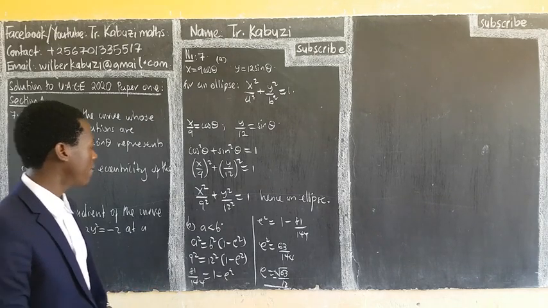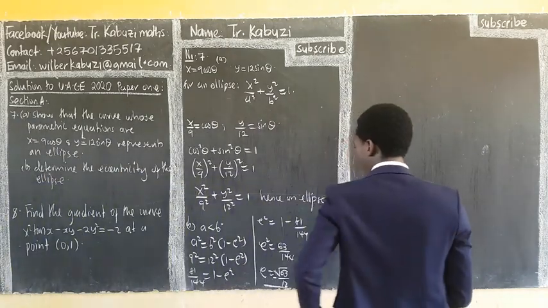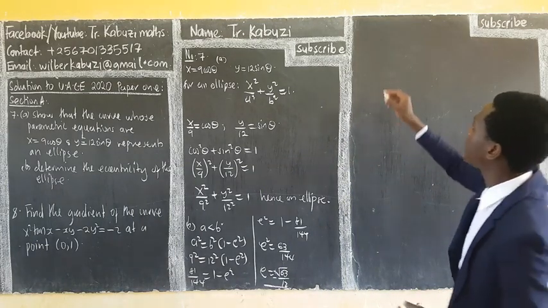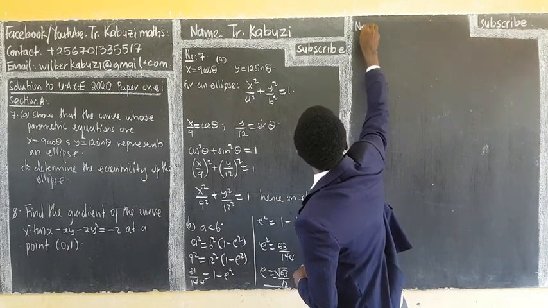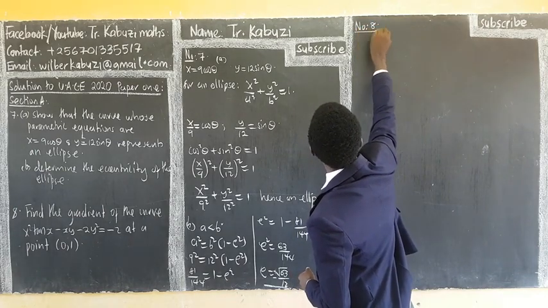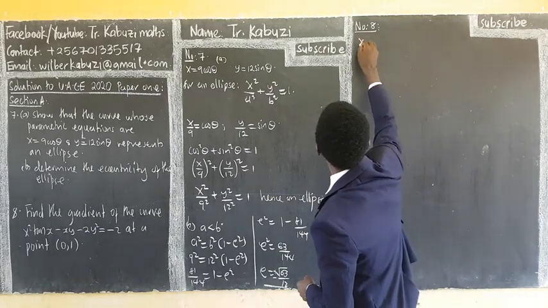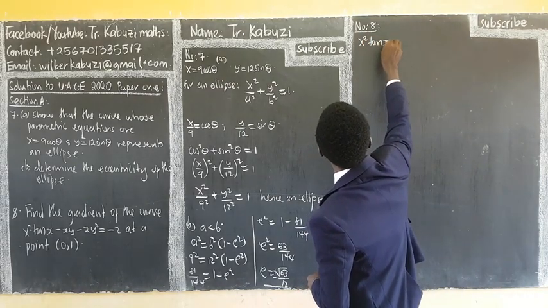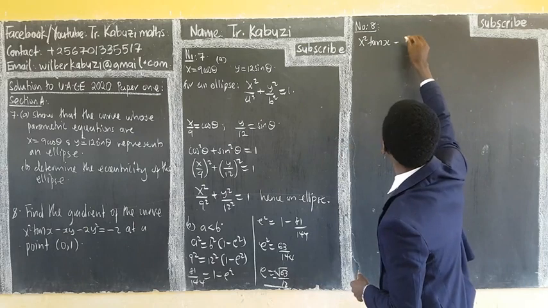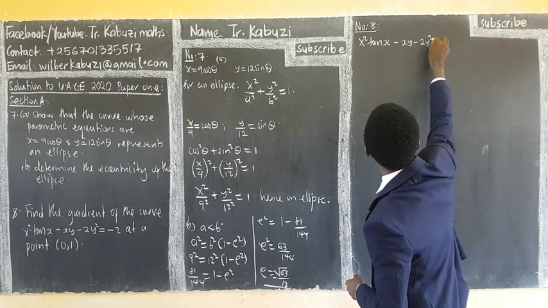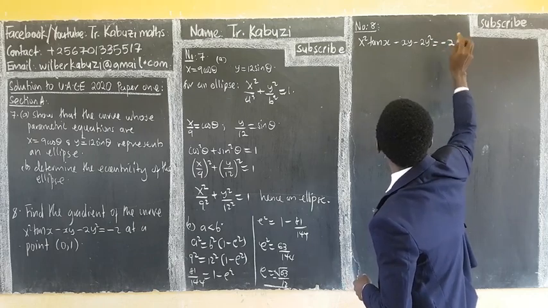Now, from there, we come to our number 8, where we are to find the gradient of x squared tan x minus xy minus 2y squared equal to negative 2.